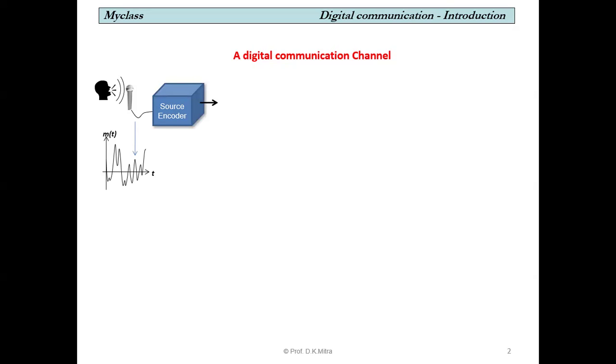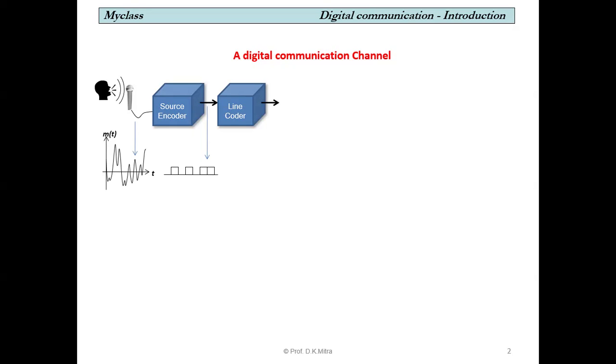Then there will be a subsystem called the source encoder. What is a source encoder? We shall learn step by step. The source encoder converts this analog signal into a series of pulses. Then comes a line coder.